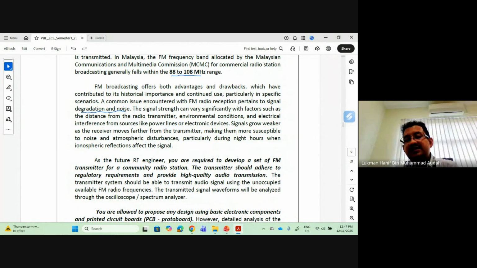So the longer the distance between transmitter and receiver, the weaker the signal will be, or this is what we call attenuation. Okay, the signal will attenuate due to the distance, making them more susceptible to noise and atmospheric disturbance, particularly during night hours when ionospheric reflection affects the signal.